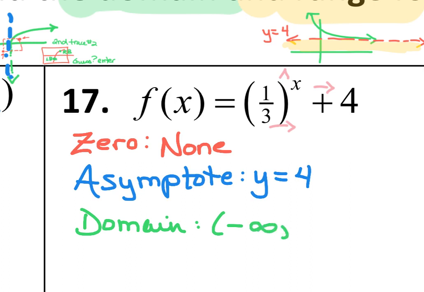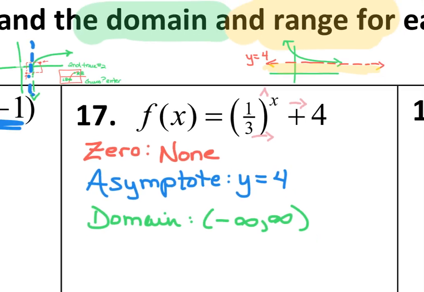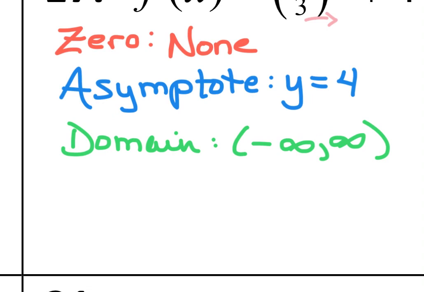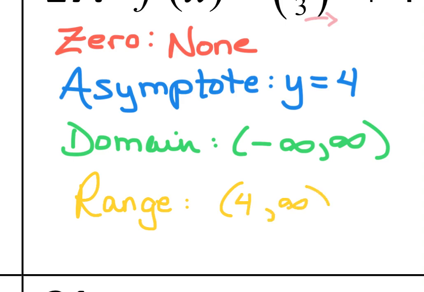But in this case, the range is from that asymptote up. So from the asymptote at 4 up to positive infinity.